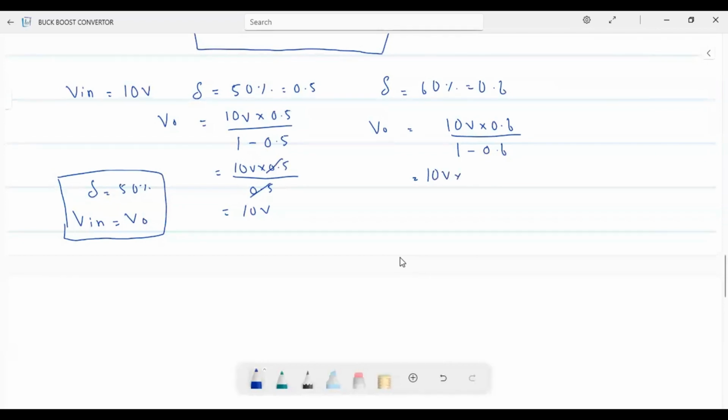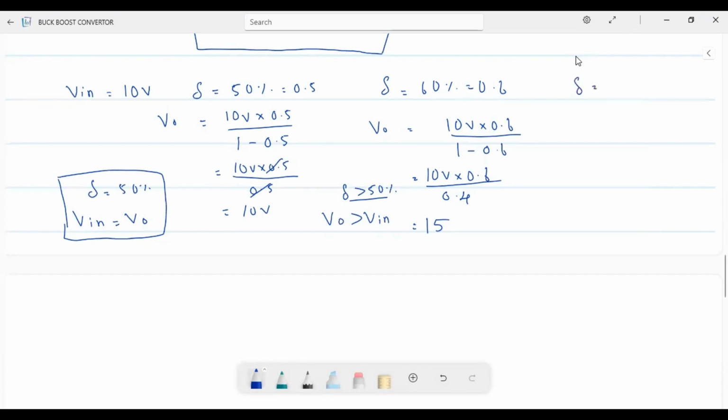So 10 volt into 0.6 by 0.4. You can see here your V output is greater than V input. That is, when your duty cycle is greater than 50%, here we have taken 60%, V out will be greater than V input.